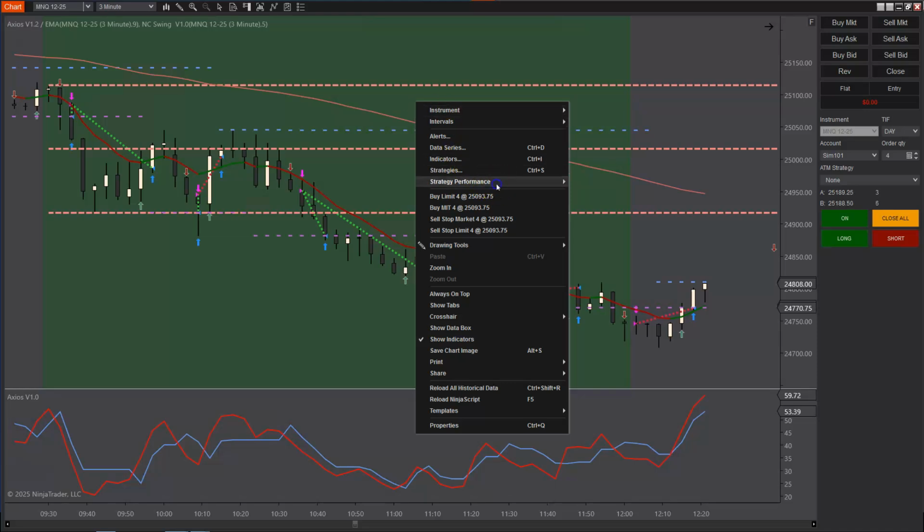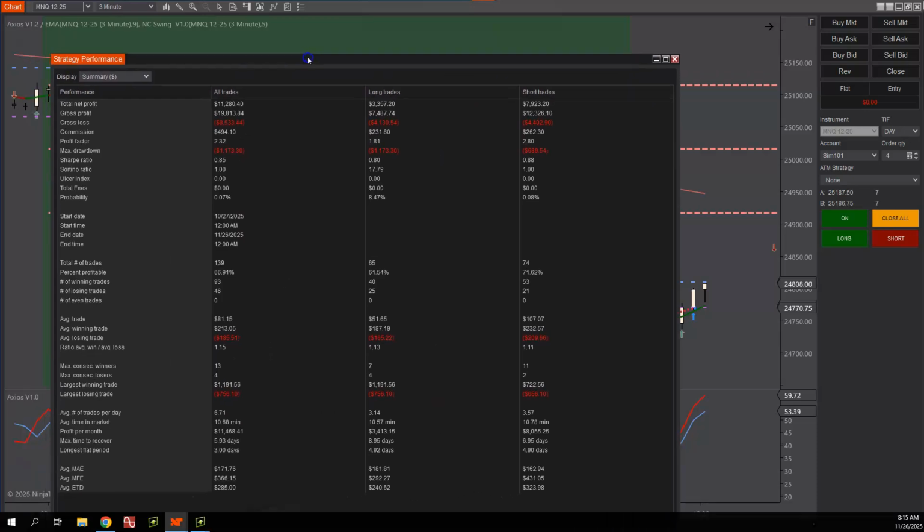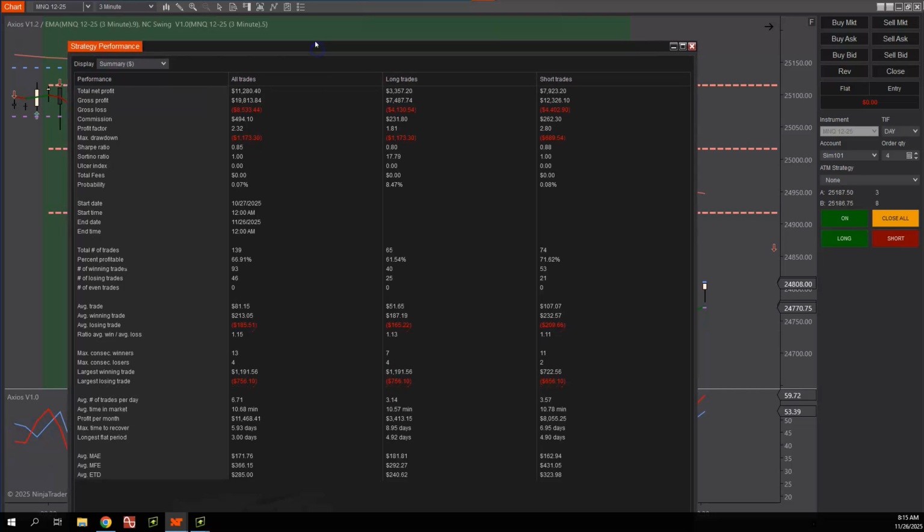With this particular template right now, this is a very accurate backtest. Honestly, I have yet to see a day so far that has not matched up with our live compared to our backtest.